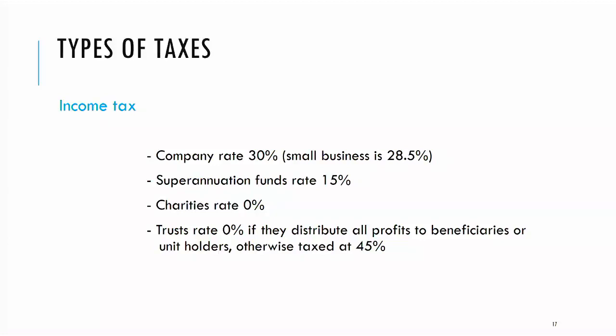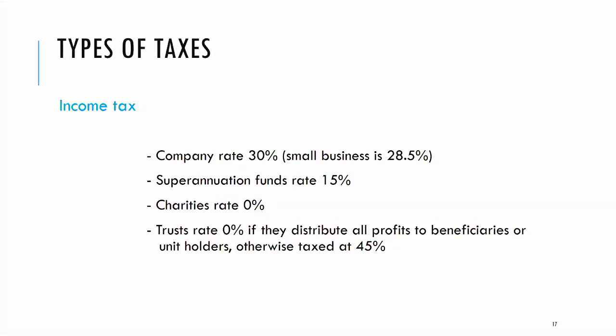Charities are tax-free. And for a trust, if the trust divides its total income among its trust holders, unit holders, that income is tax-free, because then that full income becomes personal income, and the people have to pay tax on that income. And if the trust keeps some profit income with it, then that income will be taxed at 45%.